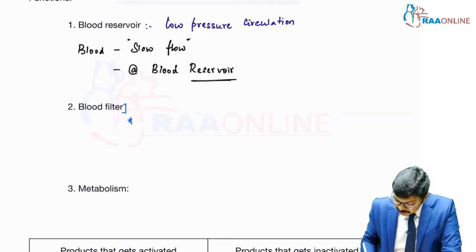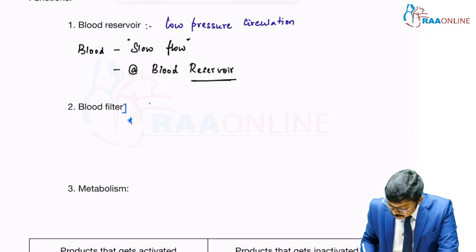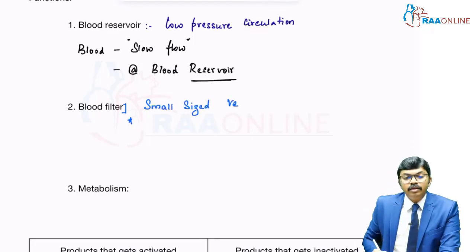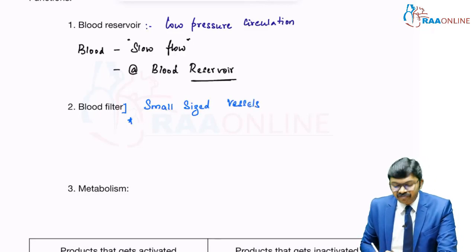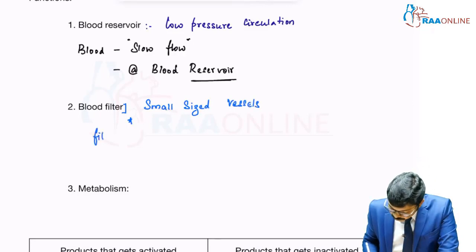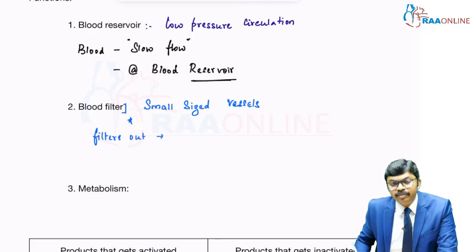Because of its very small sized vessels, this pulmonary circulation acts as a blood filter which filters out certain materials in blood.